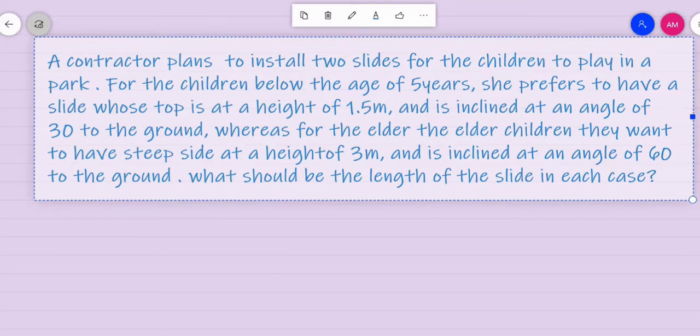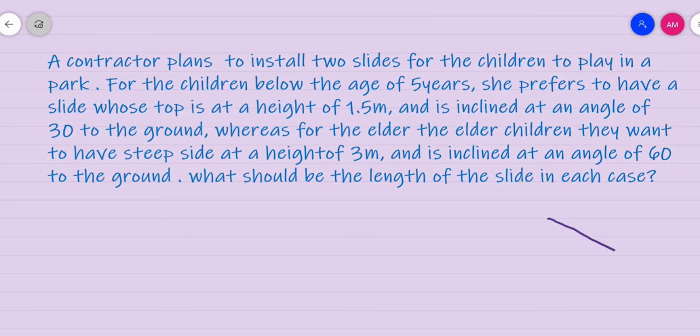Let us see question number 3. A contractor plans to install 2 slides for the children to play in a park. Now see, this is the situation of a park. In a park, there are slides in which children slide like this.